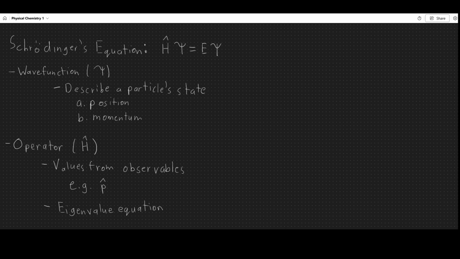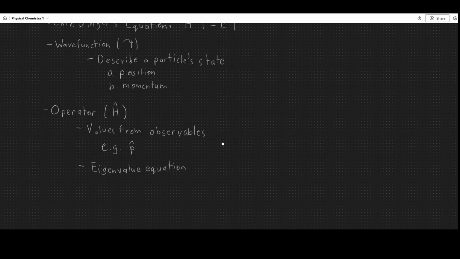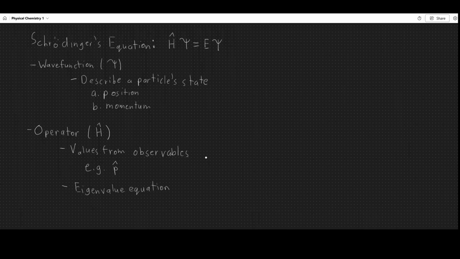And so you might have seen eigenvalue equations before, especially in regards to matrices. You might have seen something like a matrix capital A times x equals, typically lambda is used for eigenvalues, times x. Well, we have something similar, and this time it's with operators and observables.